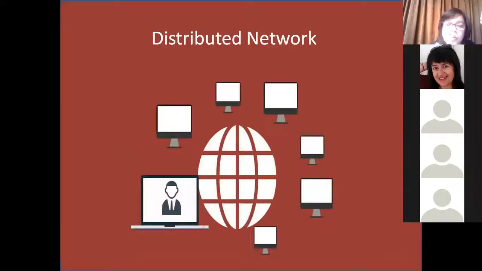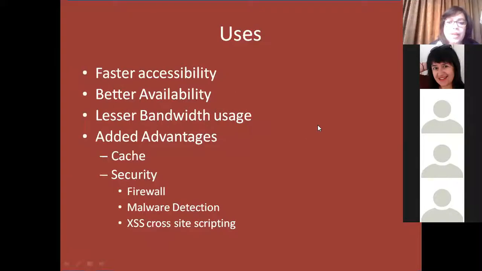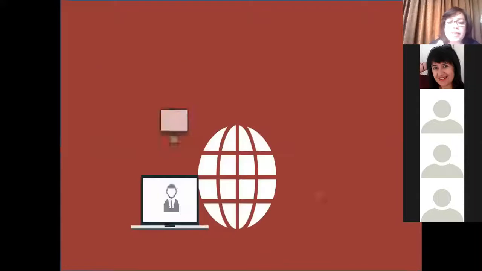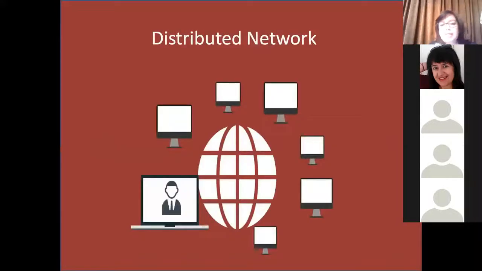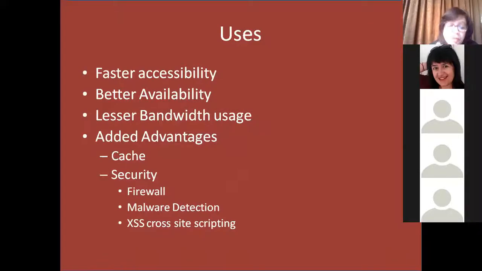It is a globally distributed network wherein the website is available on a lot of other machines distributed across the globe, and hence if one of the machines fails, the other machine is made available to the user. We will look into that in a while.